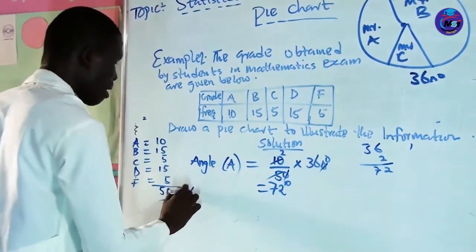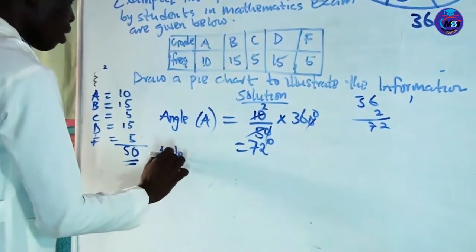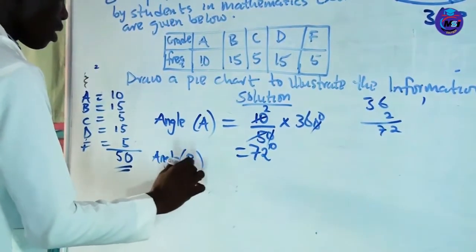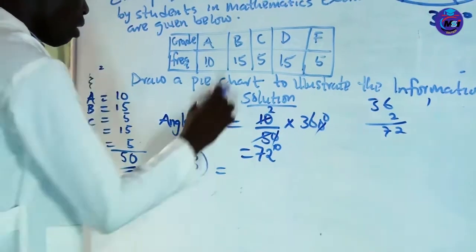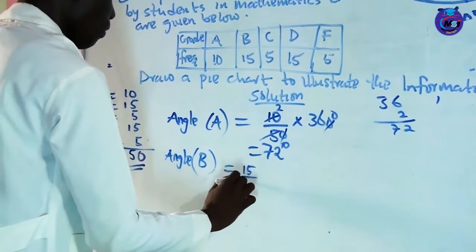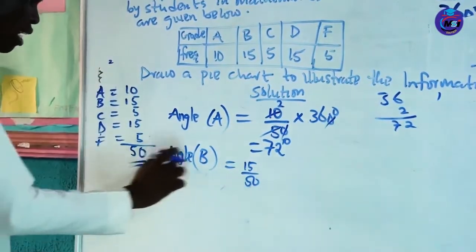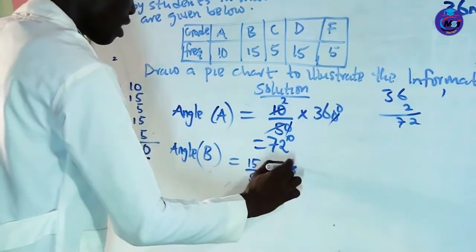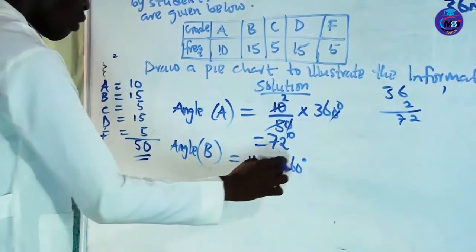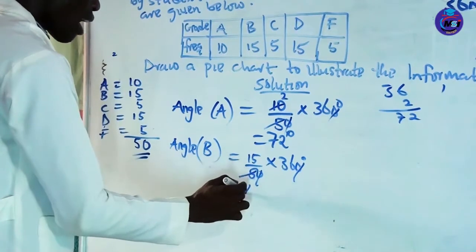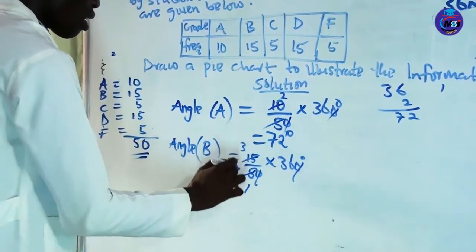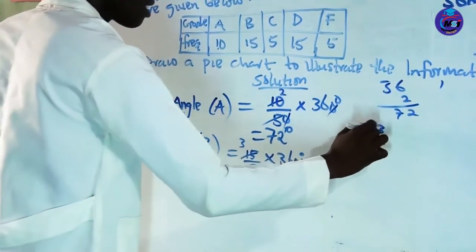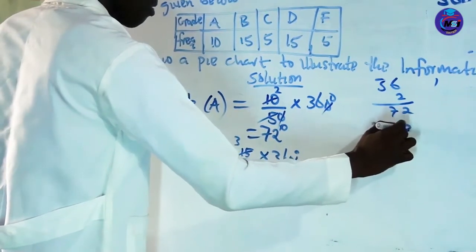Okay, you pick the same thing for angle B. It will give us 15 all over 50, which is the total, multiplied by 360 degrees. 0 will cancel 0, 5 here 1, 5 in 15 3. So you are going to have 36 multiplied by 3.